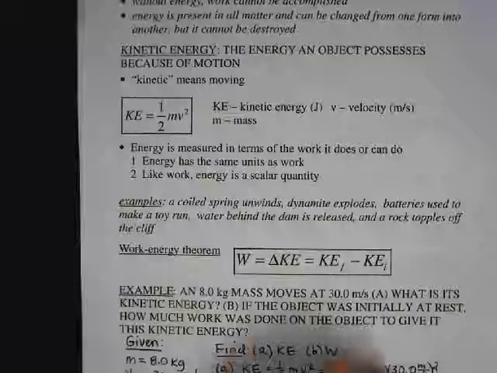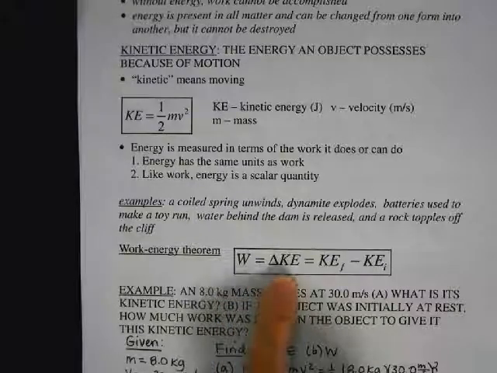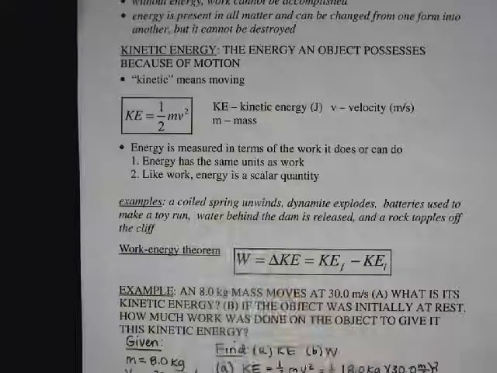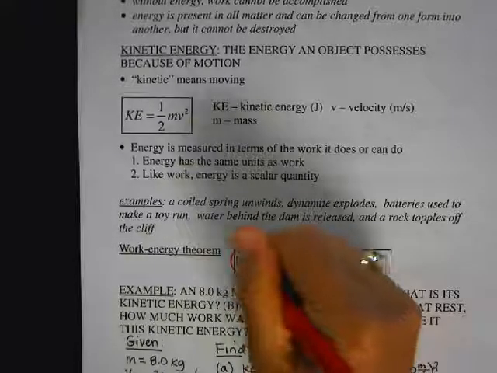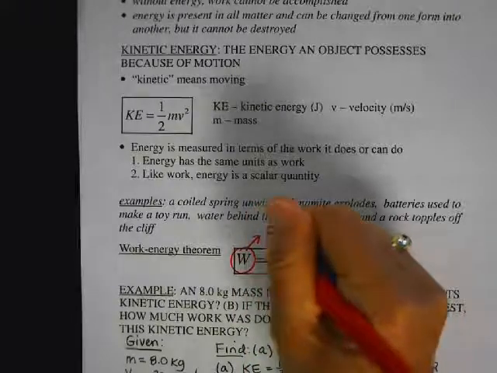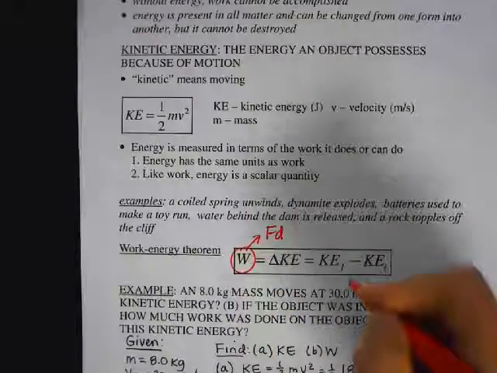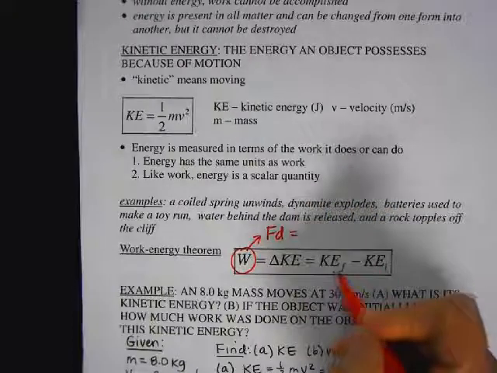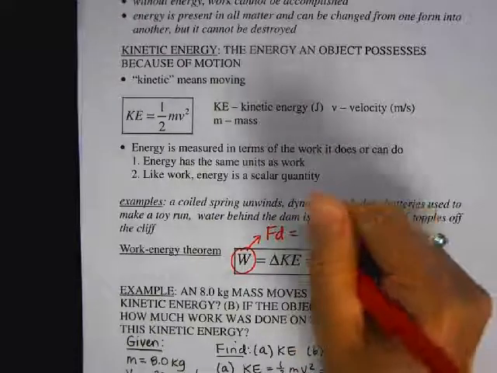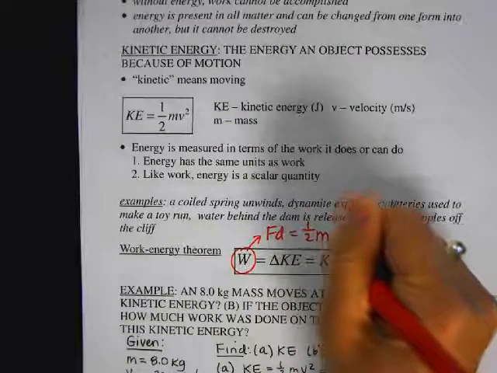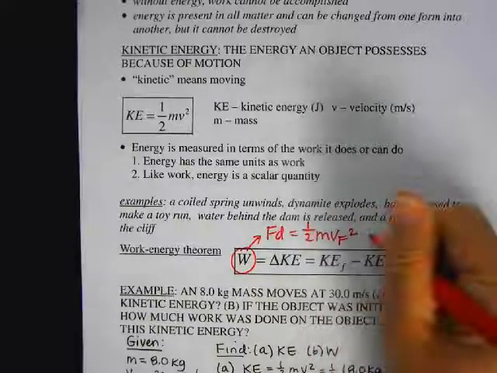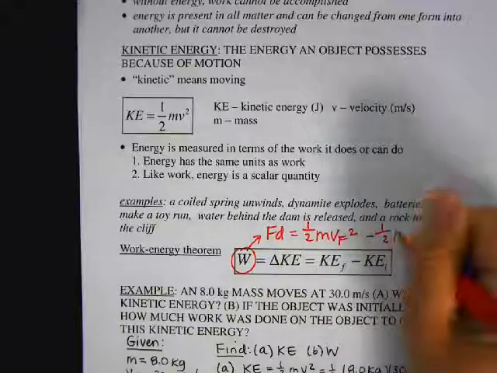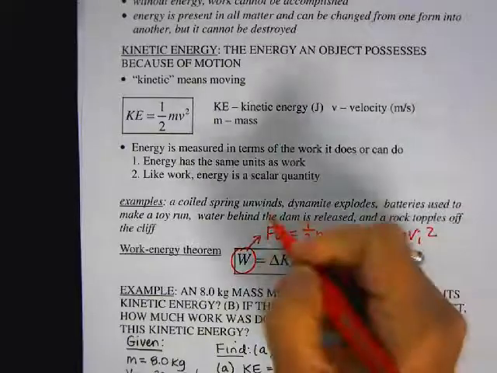The work energy theorem says that work is equal to the change in kinetic energy. So if we rewrite this, we know that work is equal to FD. And the change in kinetic energy, remember, kinetic energy is 1/2 mv squared, so it would be 1/2 mvf squared minus 1/2 mvi squared.